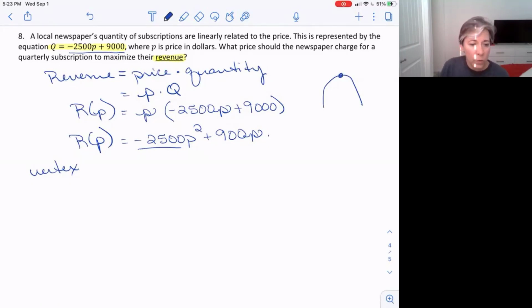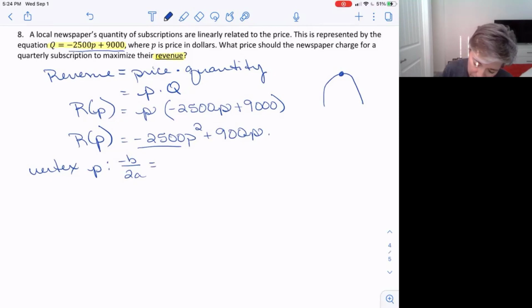So to find the vertex, the input value, again, is still negative b over 2a. So in this case it would be negative 9,000. Sorry, I dropped a 0 there.